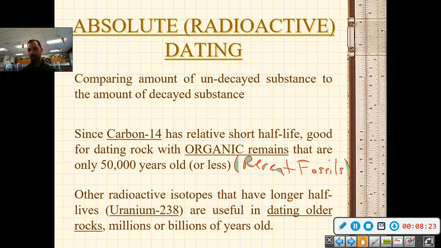Other radioactive isotopes have longer half-lives, like uranium-238, and are going to be more useful in dating older rocks, millions and billions of years old, because again, the half-life is so long, so it's probably a better measurement because you still have enough of the radioactive atoms to be able to measure it and get an accurate number. Whereas carbon-14, you wouldn't, right? Because it would be such a minuscule amount left over after this 50,000 years have expired.